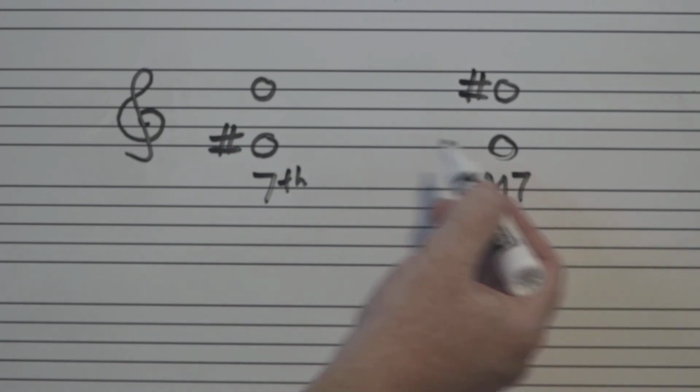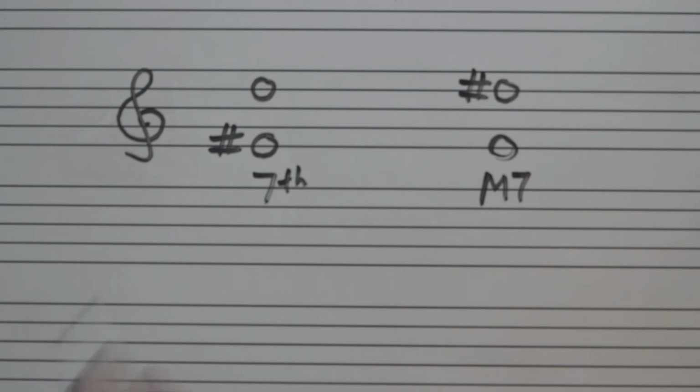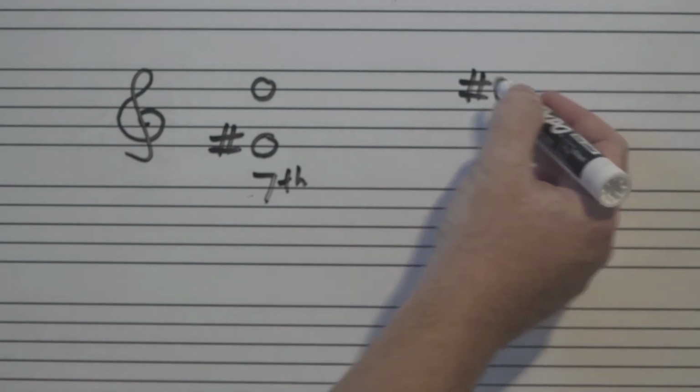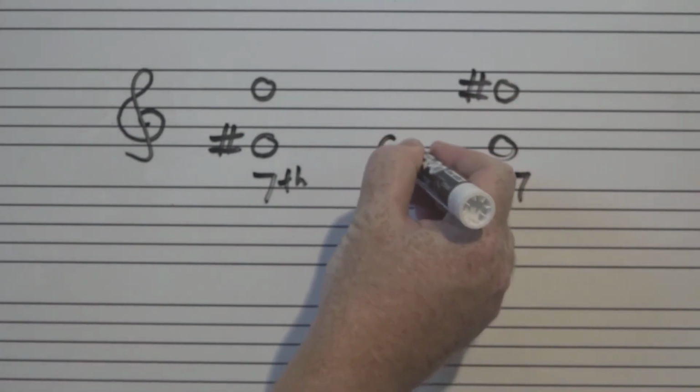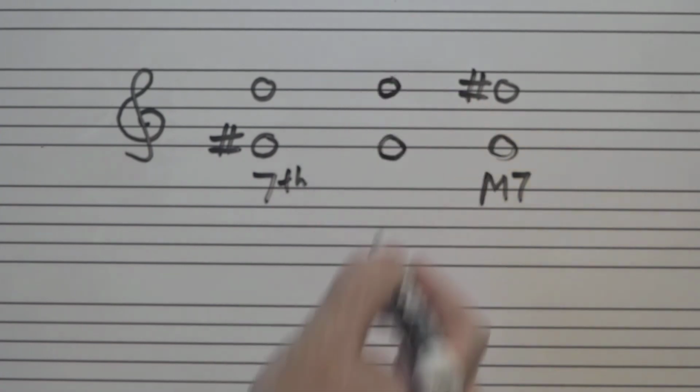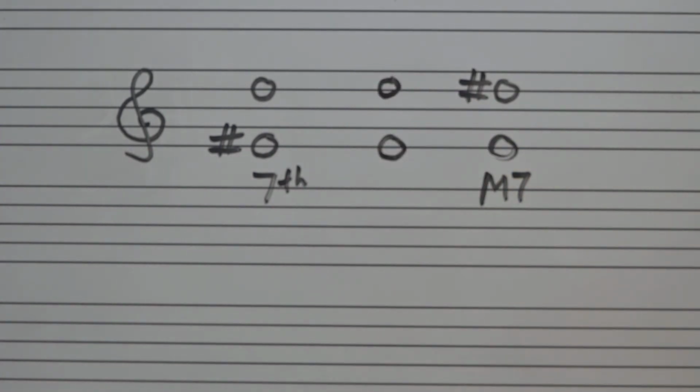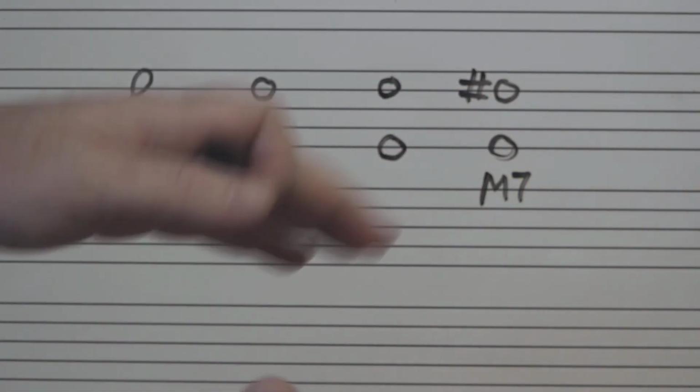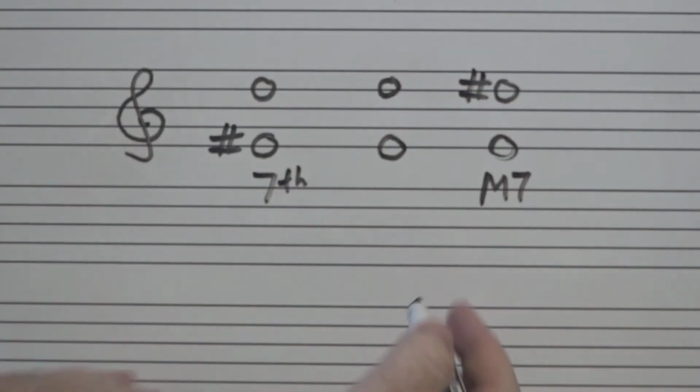Notice it's not going to take one alteration to get to this pair right here. It's going to take two. First, let's take away that D sharp, because that should be something we're pretty familiar with. Notice those two notes have gotten closer together.